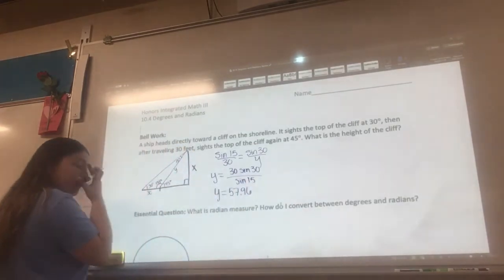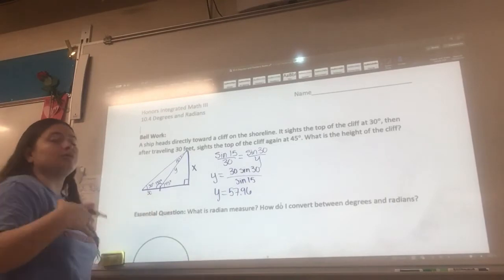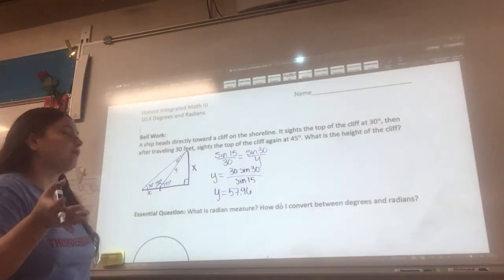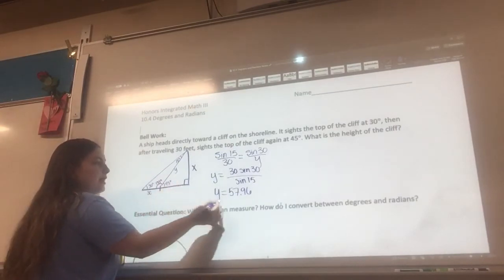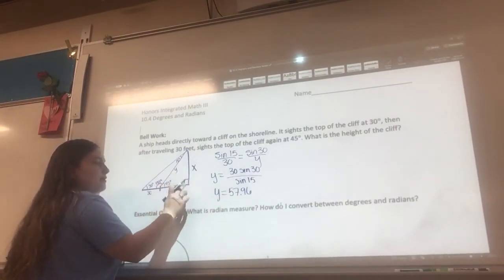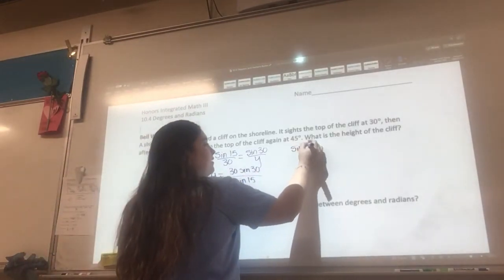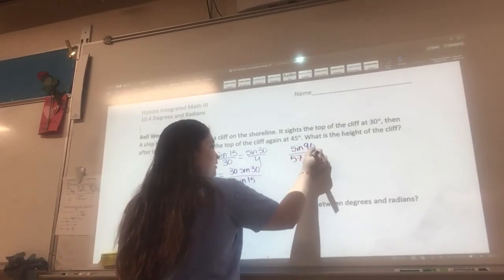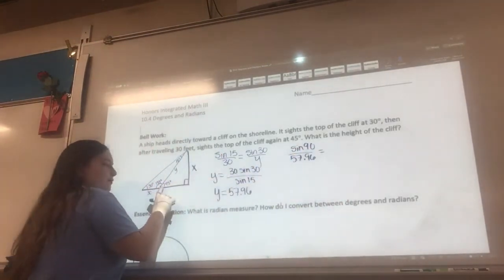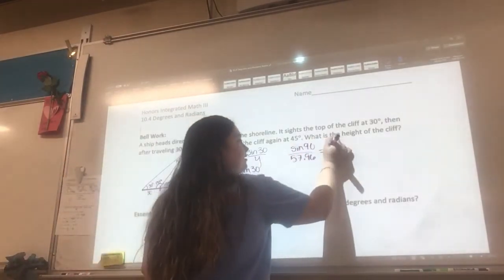57.96. And now that we know what y is, we have enough information to do either the law of sines or one of our trig ratios. So let's do law of sines this time. Now that we have y, it corresponds with our 90 degrees. So sine of 90 over y is going to equal sine of 45 over x, since those are the ones that are corresponding.